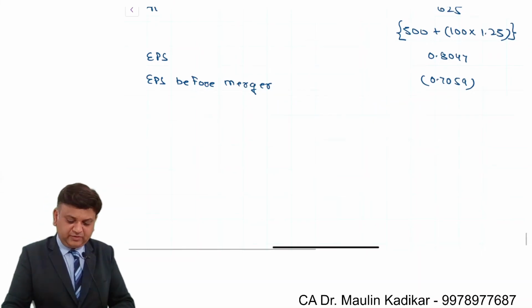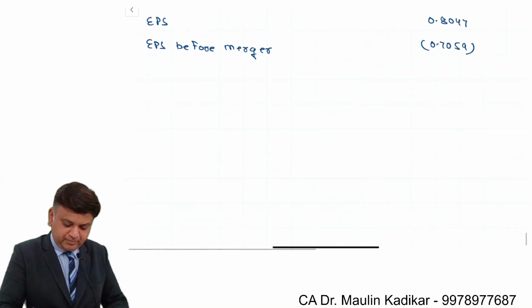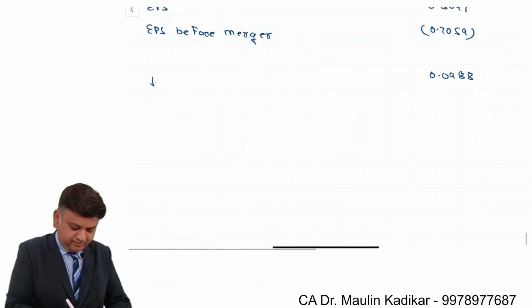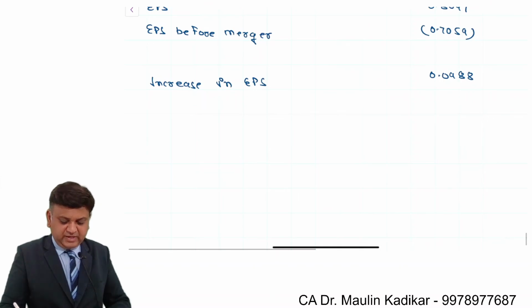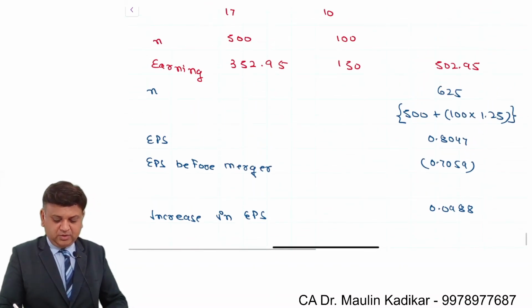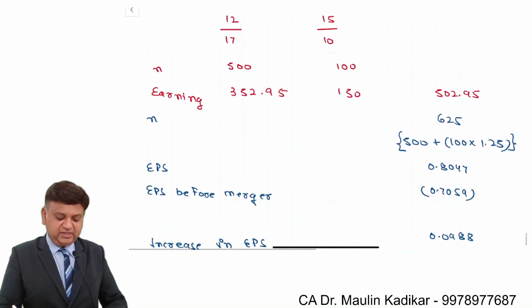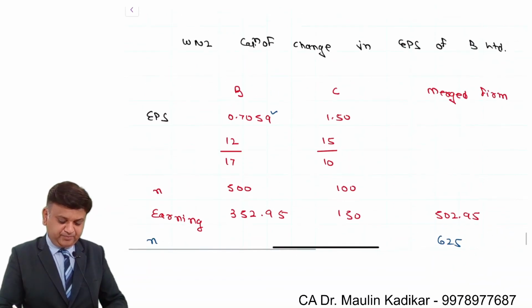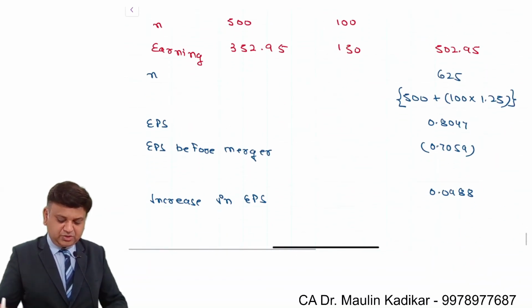So the difference of both of them is the increase, 0.0988. So the increase in EPS, or we can say that there is a profit to B Limited of 9.88 paise. This is the way we can make the calculation of the simple answer.